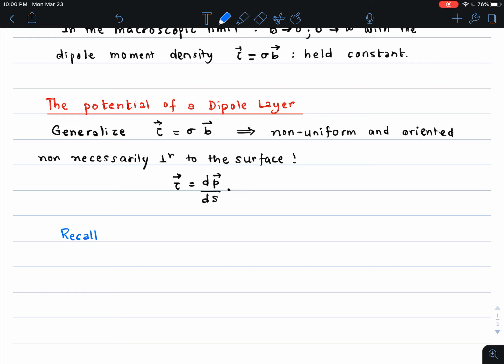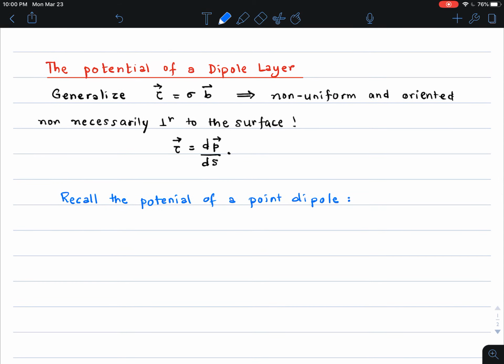And recall the potential of a point dipole is given by phi of r is equal to negative 1 over 4 pi epsilon 0, the dipole moment dotted with the gradient of 1 over r minus r0.